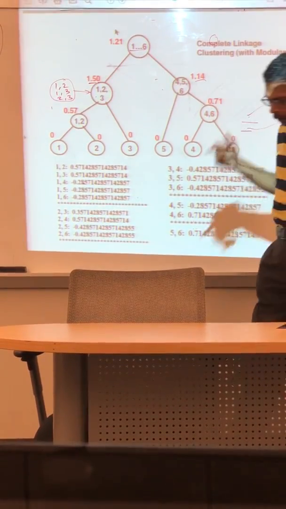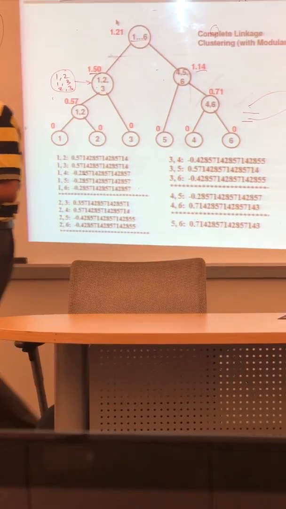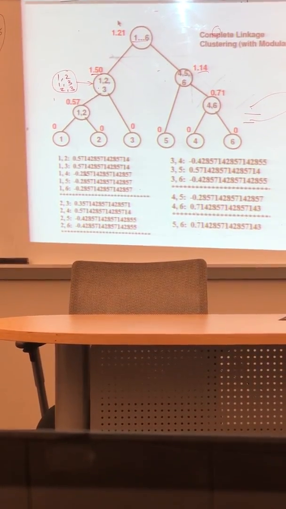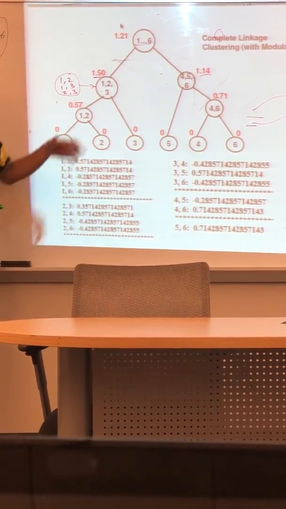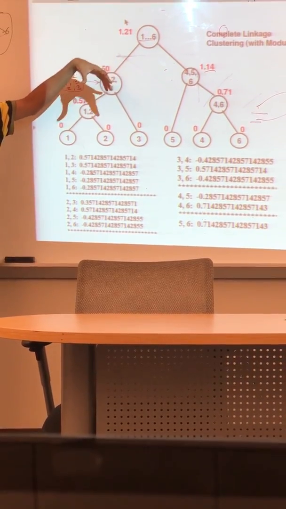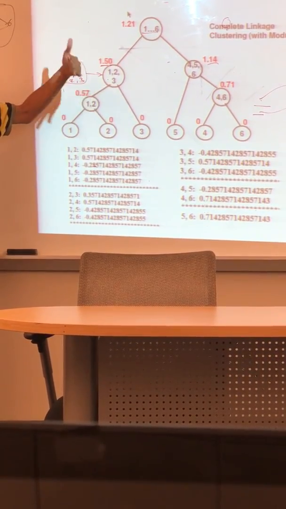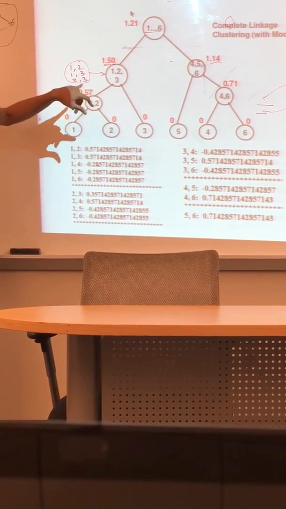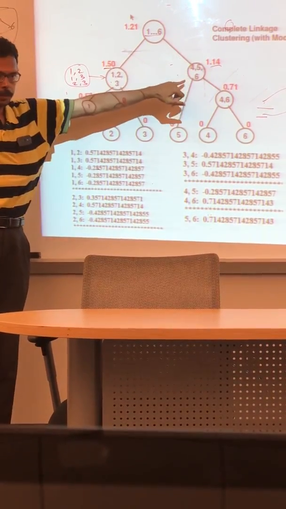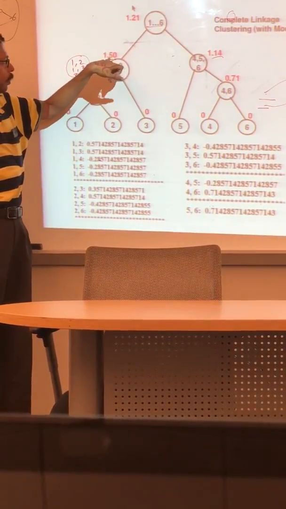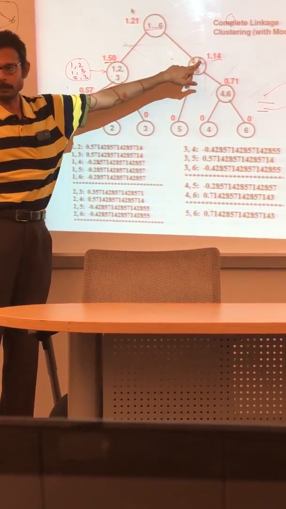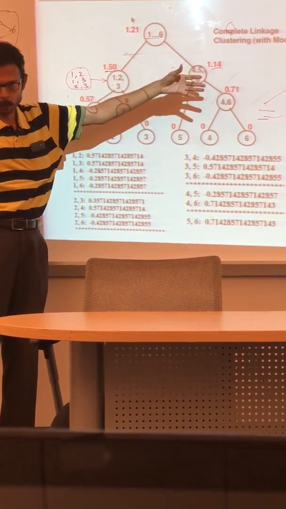We did something like that before also, with the eigenvector based approach. What did we do there? We need to look at whether the modularity score is improving with the partitioning. When we break into 2 communities, the total modularity score is 1.5 plus 1.14, which is 2.64.